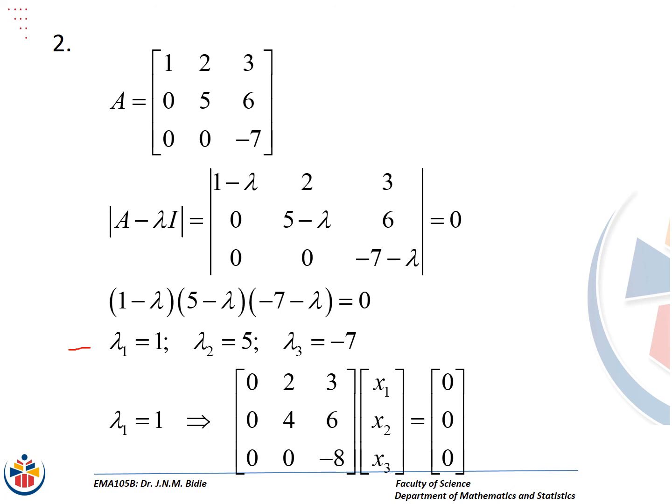So when I substitute lambda 1 equal to 1, I got that equation. All three equations from that. Let's see what we're going to get for the values of x1, x2, and x3.